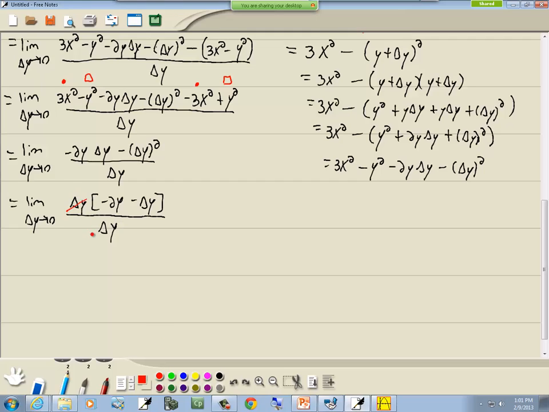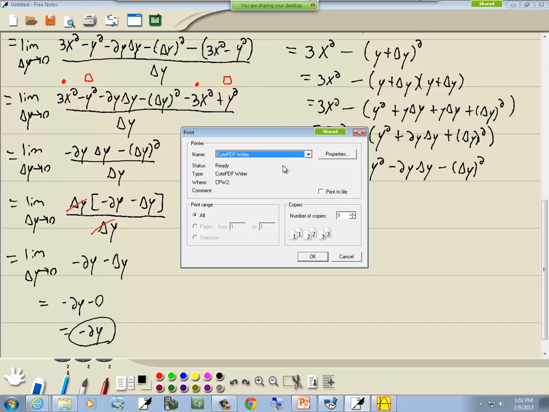Now these delta y's are going to cancel. And we've got the limit as delta y goes to 0 of negative 2y minus delta y. And now we can plug 0 in for that. So that's negative 2y minus 0, which gives us negative 2y. And that's our limit. We're going to actually see that's our derivative formula we'll use in the next section or lesson.